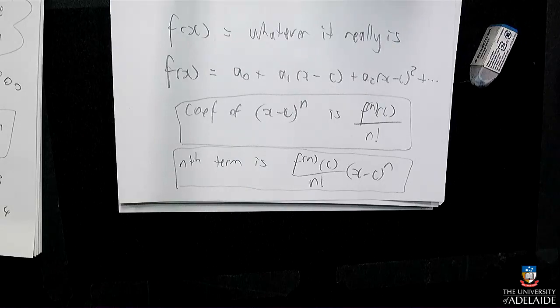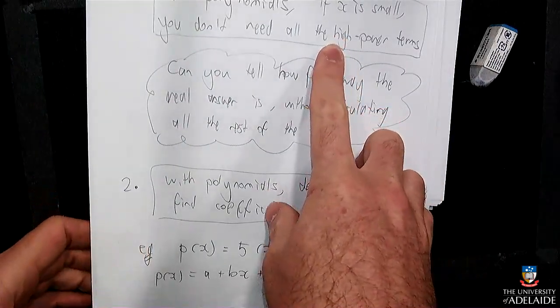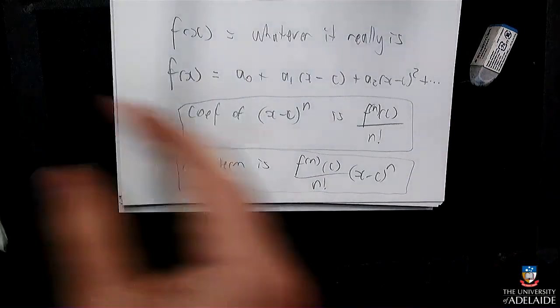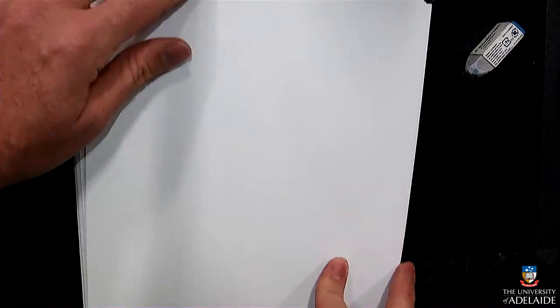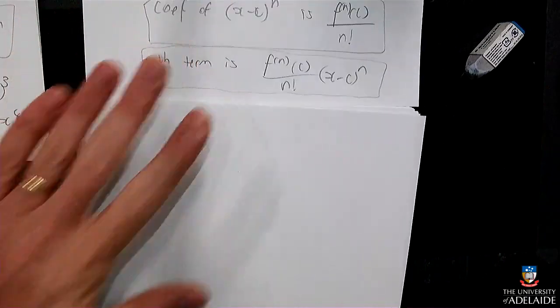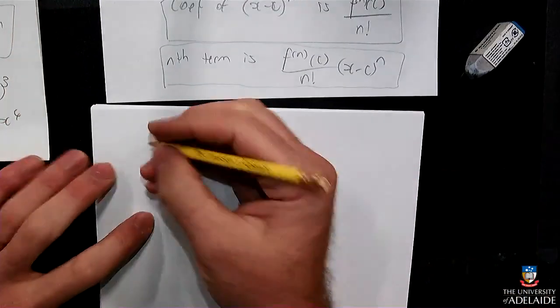But that's okay, because with polynomials, if x is small, you don't need all the high power terms. So that should totally apply to all other functions too. So that's what we're going to do. Or alternatively, we'll just do it forever, and then it will be equal. So there are two alternative approaches to this not really working. So we have two choices.